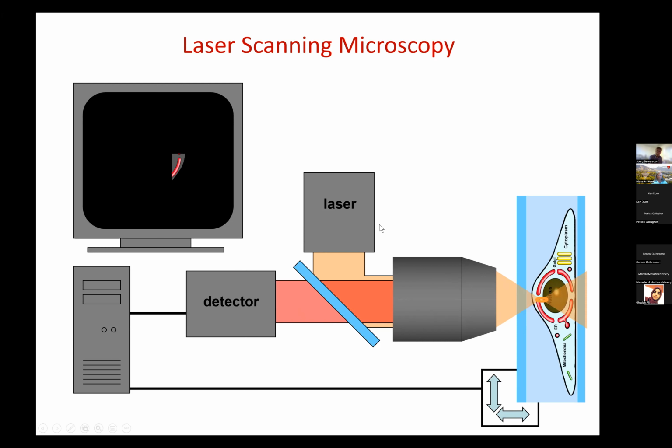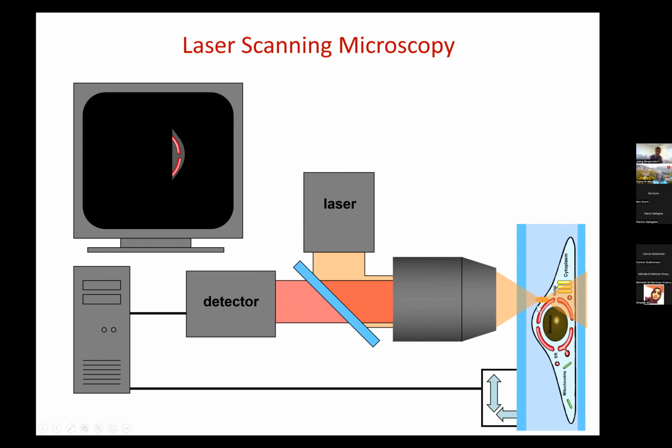And now we scan that laser focus across the sample. And we can move it here. We can do it by moving the sample across the laser focus. That's easier for me to animate here. Or in practice, we move the laser focus across the sample rather than the sample across the focus. But it gets the same result, so that you, over time, image one area of the sample after another.